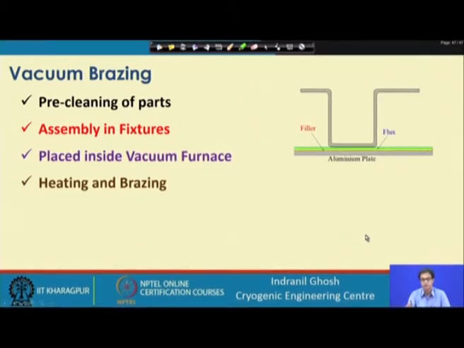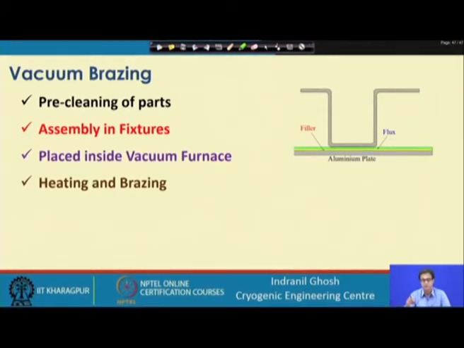Now we place it inside the vacuum, and gradually we raise the temperature of this whole assembly. Depending on the size of the assembly, we heat it up slowly, followed by a soaking time, so that the whole assembly gets heated up.